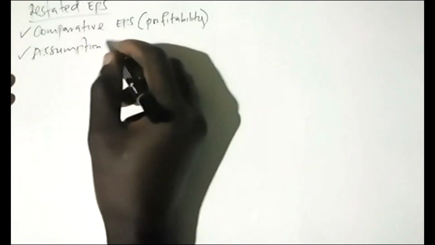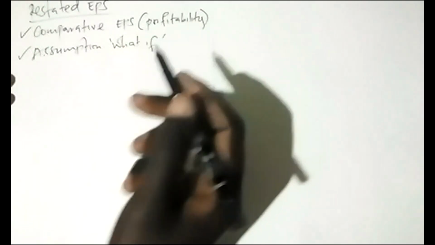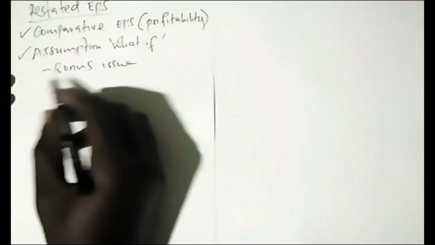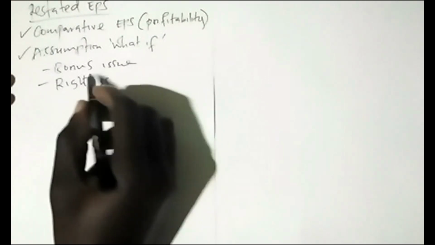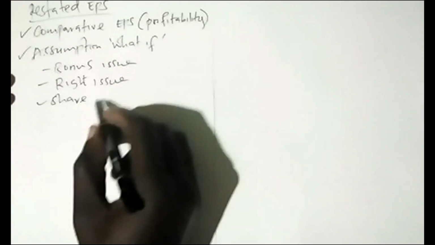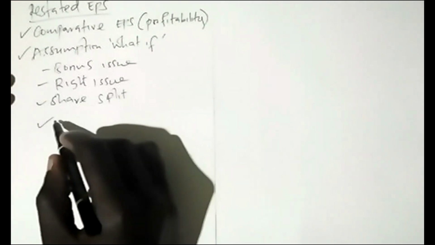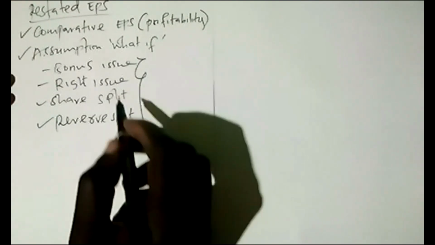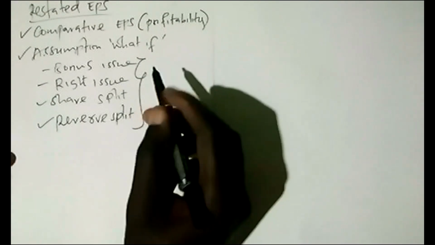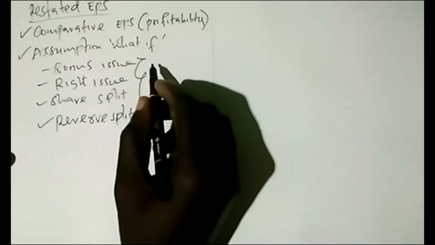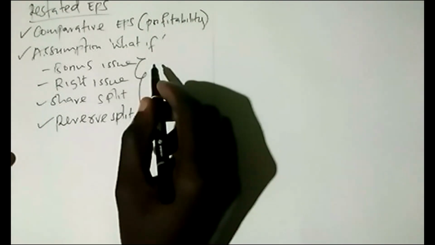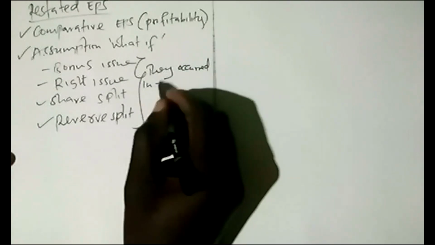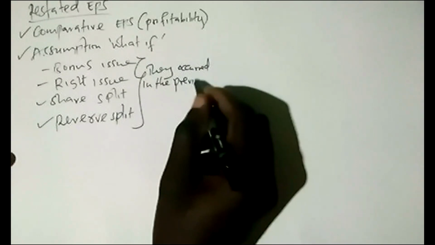What if things like bonus issue, right issue, share split, and reverse split, these are 4, if they were present in the current year, now we go with the assumption of what if they occurred in the previous year, in the previous period?